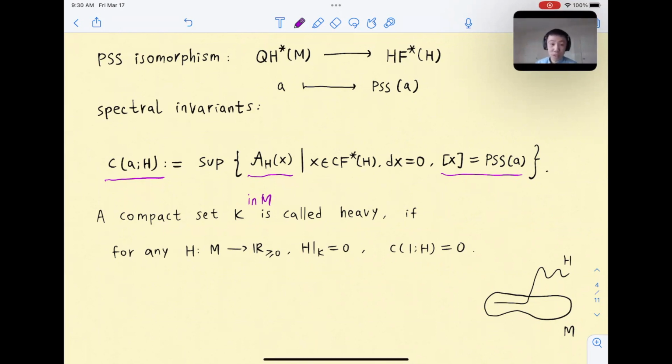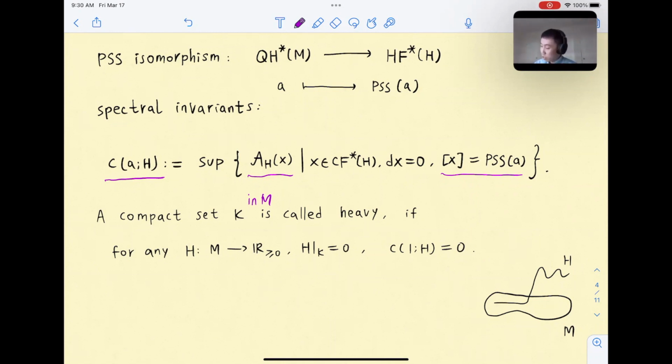A compact set K in M is called heavy if for any H which is non-negative and such that it is 0 on K, then c(1, H) is 0. Here 1 is the unit of quantum cohomology.